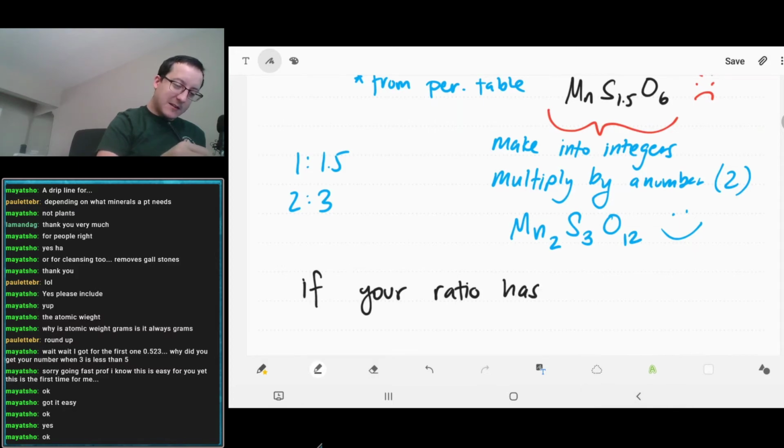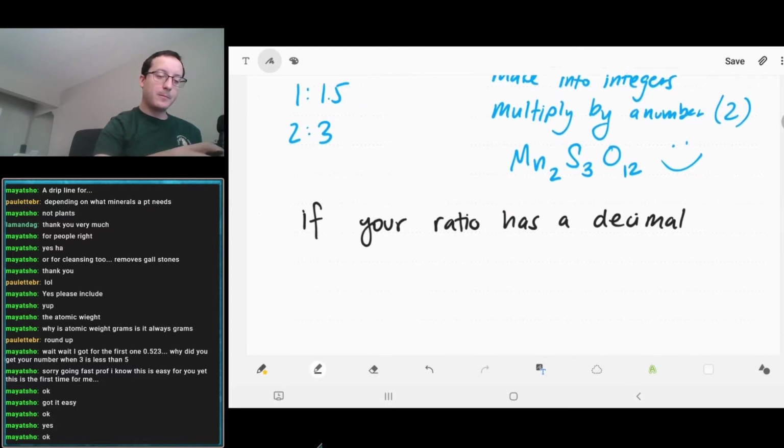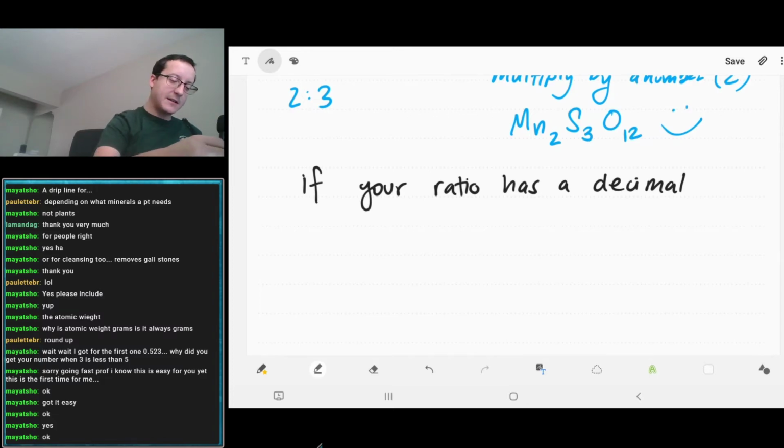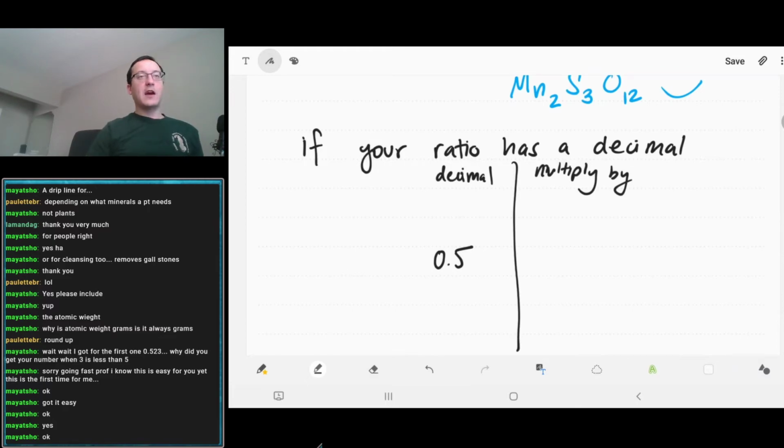So if your ratio has a decimal, just like our last problem did, we're going to see that if your number had 0.5 in it, you're going to want to multiply everything by 2, right?